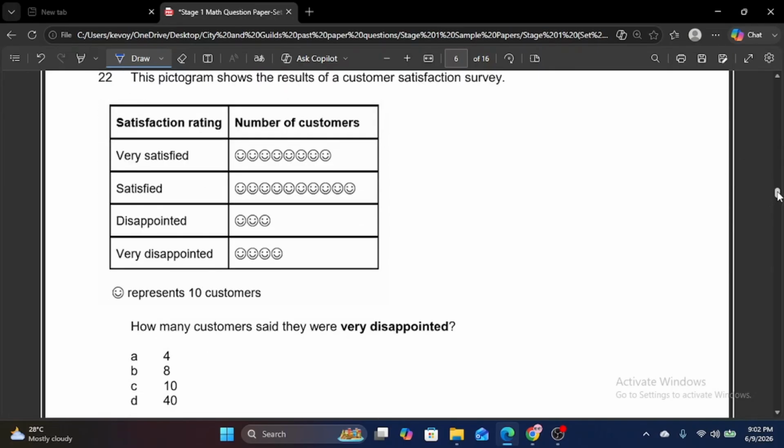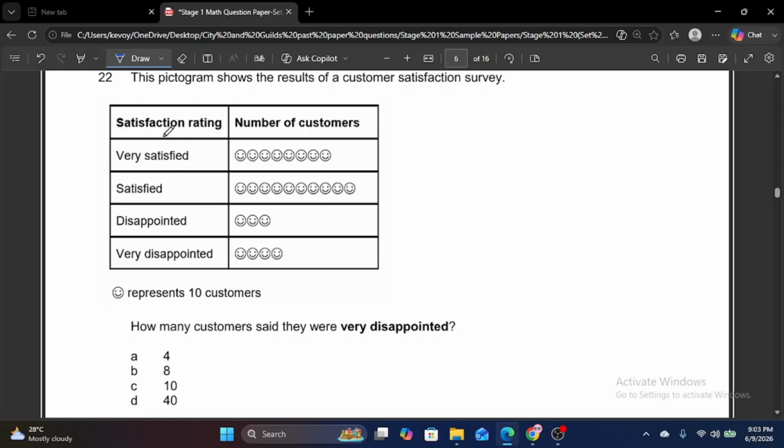So we're looking at a pictogram, and that pictogram shows the results of a customer satisfaction survey.